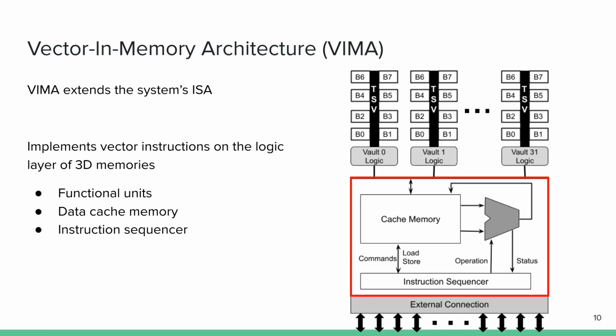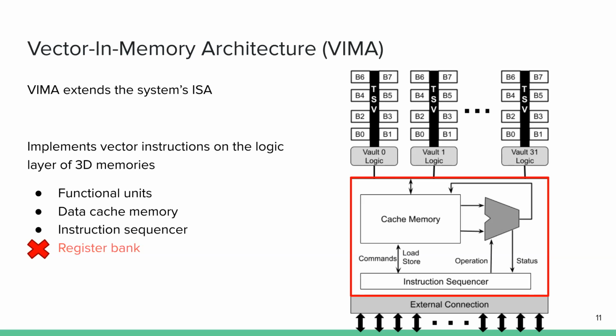VIMA extends the system's ISA by including vector instructions capable of being executed inside the 3D memory logical layer. And this is done by including some functional units, a data cache memory, and an instruction sequencer inside this 3D memory layer.